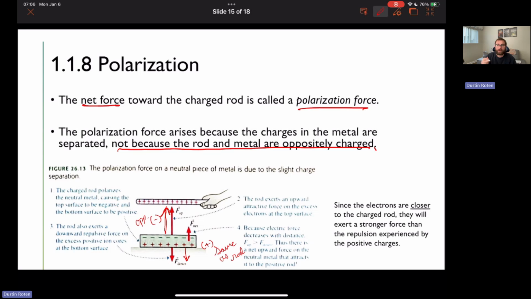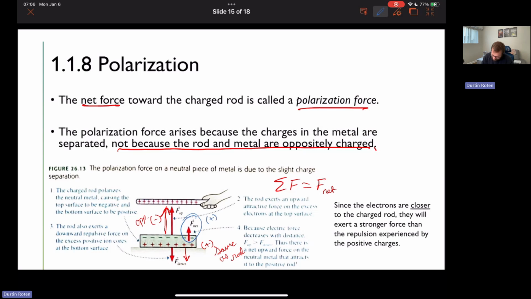Now you remember a net force is if we just sum up all of the forces. And it turns out, if we do that, we have a big up force and then a not so big down force. Our net force shows us that the upward force is going to win out at the end of the day, just because that repulsive force is not as strong because they're further away.